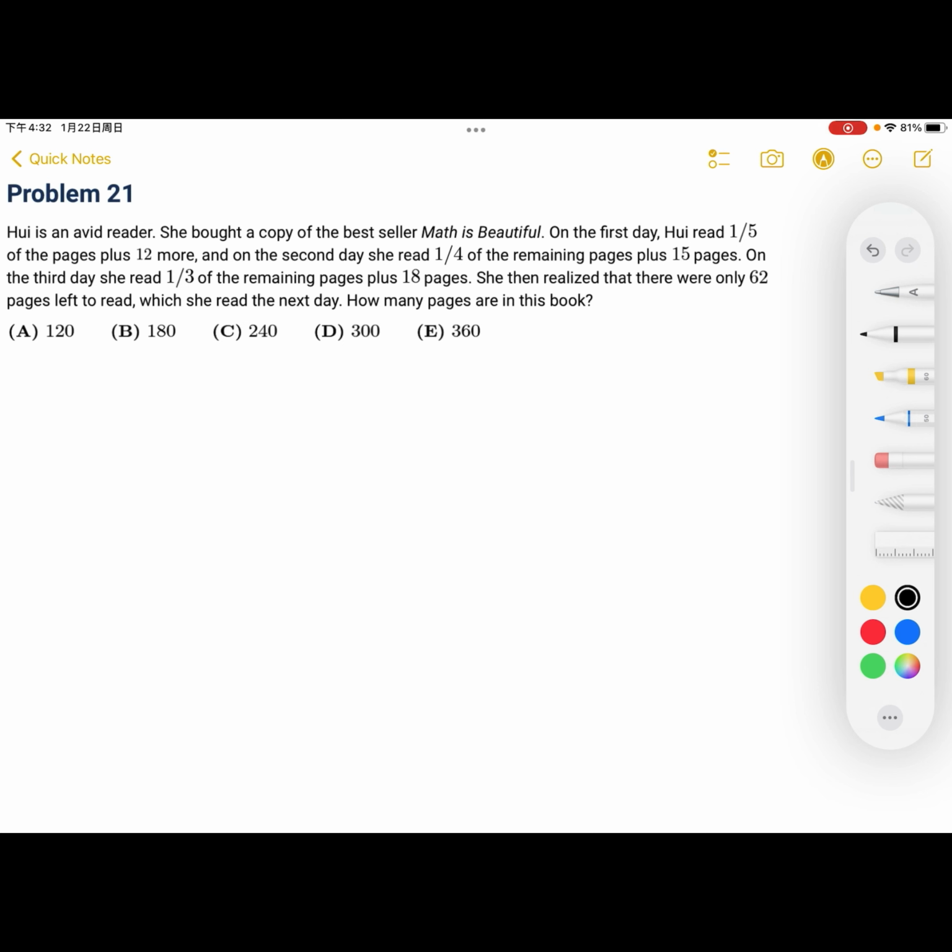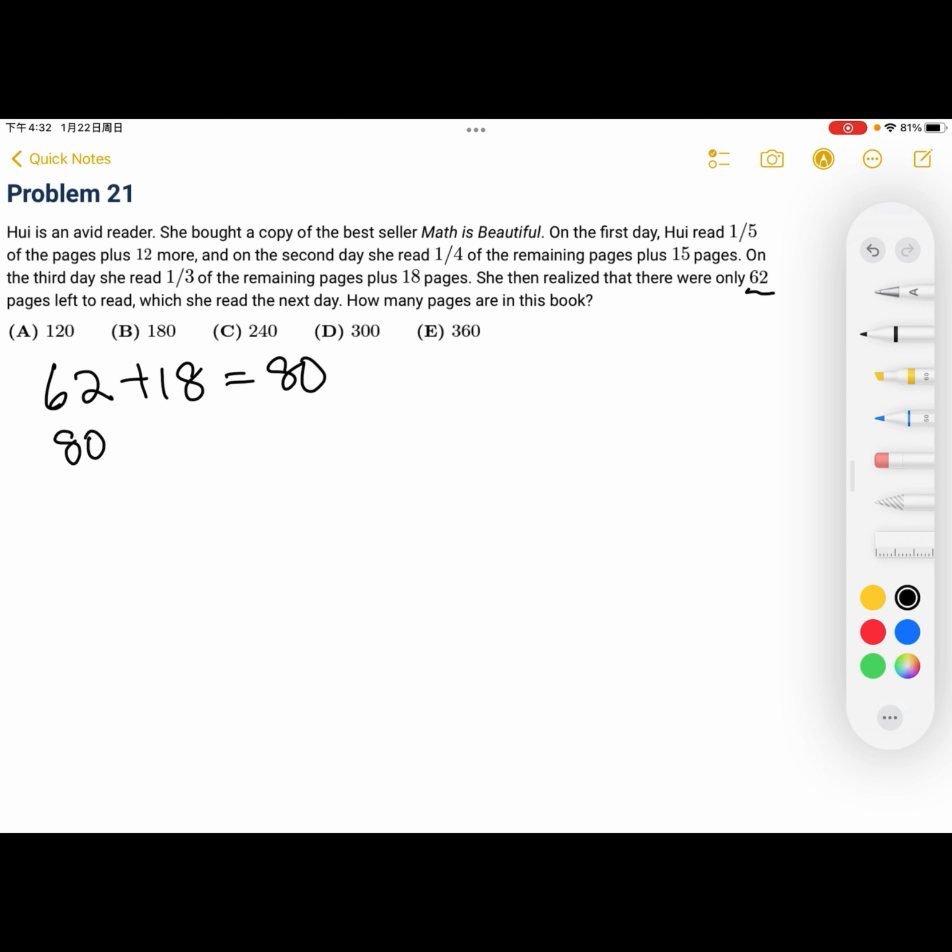Okay, so an easy approach to this problem is working backwards. So she had 62 pages left at the end of the third day after she read that many pages. And then working backwards, she read 1/3 of the previous day's pages plus 18. So since she took off the extra 18 pages, we're going to add back the 18 pages to get that it was 80 pages.